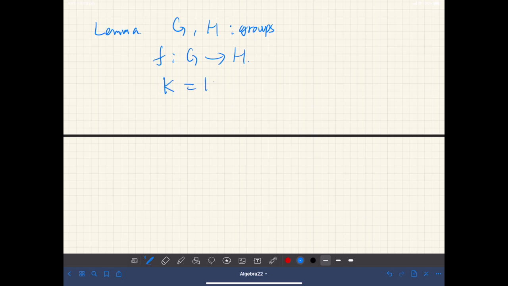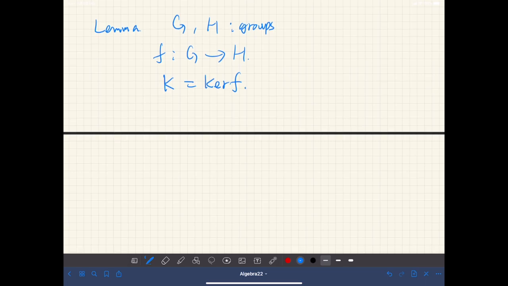Now, first we prove a lemma. Suppose G and H are groups, and F is a homomorphism from G to H. And we assume that the kernel of F is K. Okay.